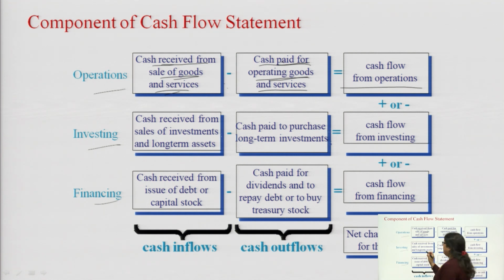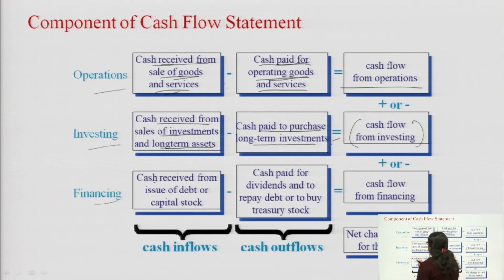Similarly, for the investing activity, cash received from the sale of investments and long term assets minus cash paid for the purchase of long term investments, and what comes out is the cash flow from the investing activities.